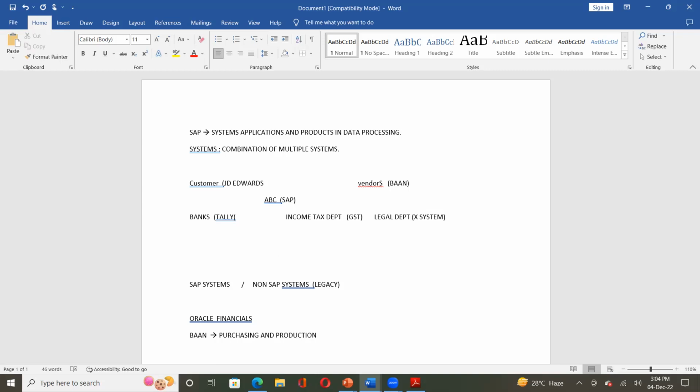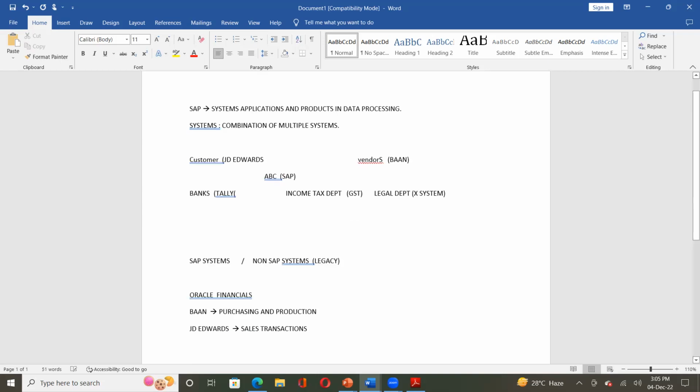And JD Edwards deals with sales transactions. When it comes to PeopleSoft, it completely deals with HR transactions. So these are the dedicated systems depending on the department. Oracle is for the finance department, BAN is for the purchasing and production departments, JD Edwards is dedicated only to the sales department, and PeopleSoft is for the HR department.